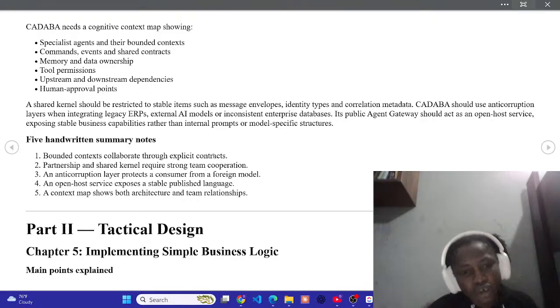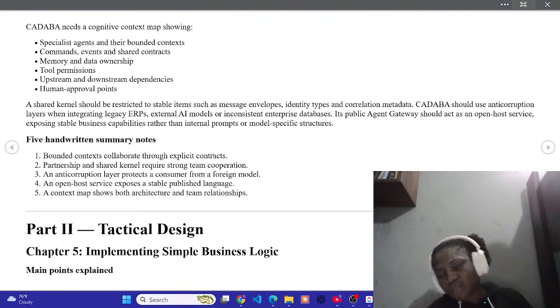An anti-corruption layer protects a consumer from a foreign model. This is just throwing more light on how you should prevent one domain from corrupting another domain. So you can design an anti-corruption layer. Even though the bounded contexts are connected through contracts, there must still be a boundary that the contract cannot cross.